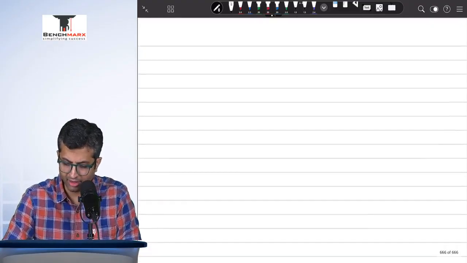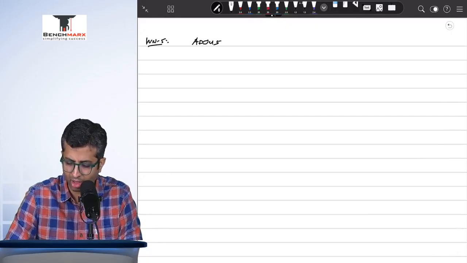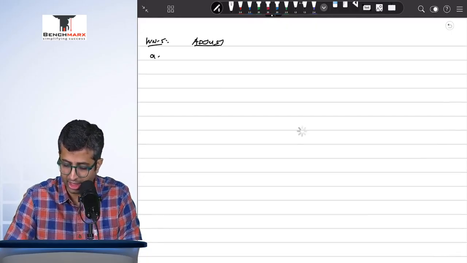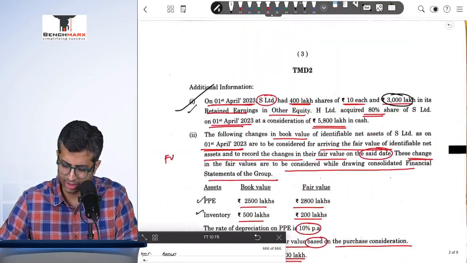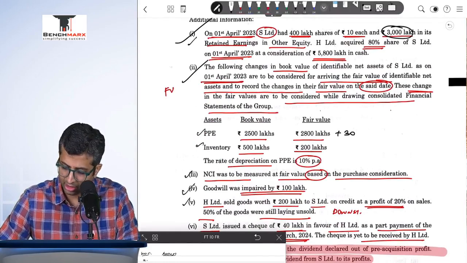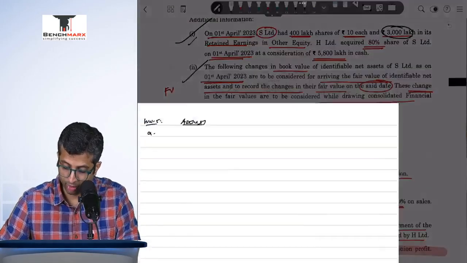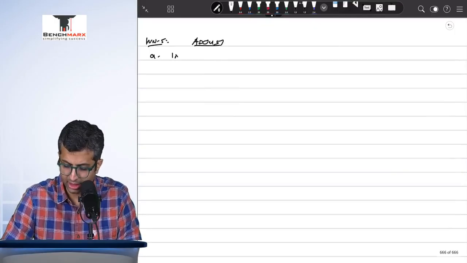So over here, if I were to take working note number 5, which is on adjustments, point number A will be your fair value adjustments. Over here, you will have fair value, where there is an increase of 300 and a reduction of 300. So you can say initial fair value adjustment.